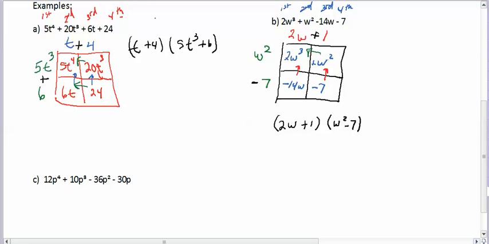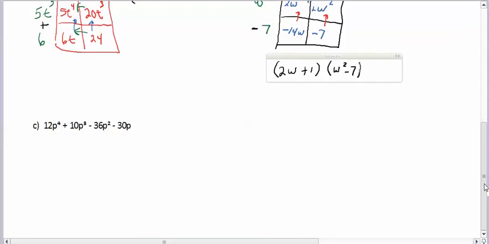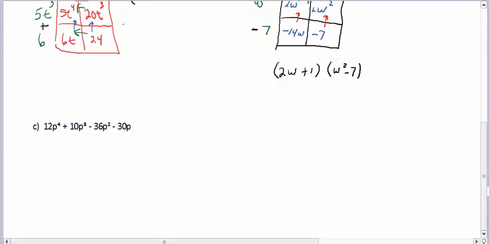And the very last one, first thing you need to do is look to see if there's anything that they have in common. Well, they all have at least one p, because 30 has one p and everybody else has at least one p, so I'm going to take the p out. Then they're all even, so they all have at least a 2. That has a 5, that has another 5, no 5 there, so at least a 2. So we're going to take the 2 out.